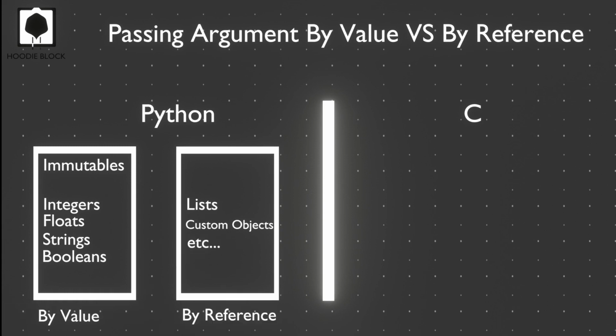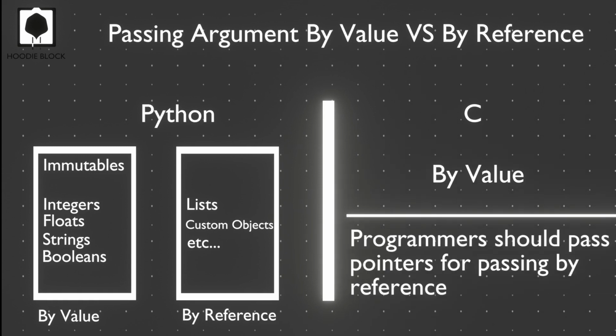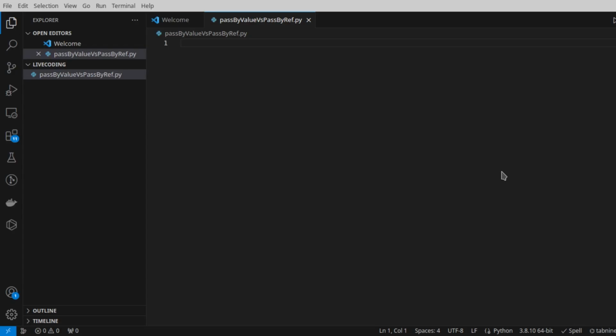And in languages like C, parameters are passed by value by default. To achieve pass by reference behavior in these languages, one needs to pass pointers, which represent the memory address of the variable. Okay, let's check them in Python.